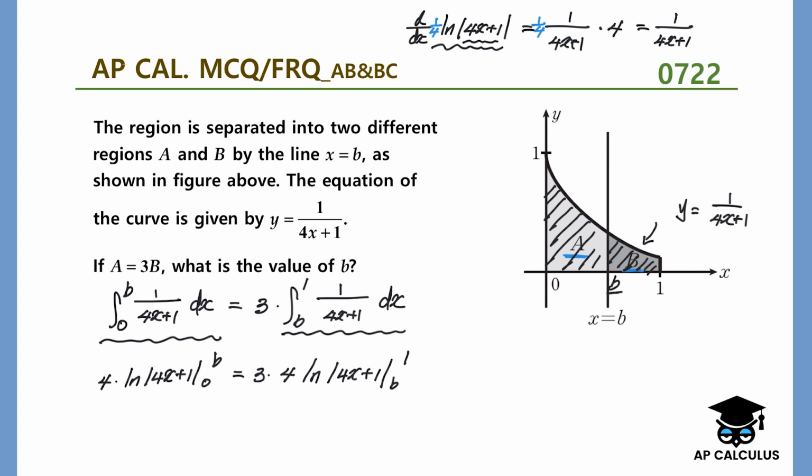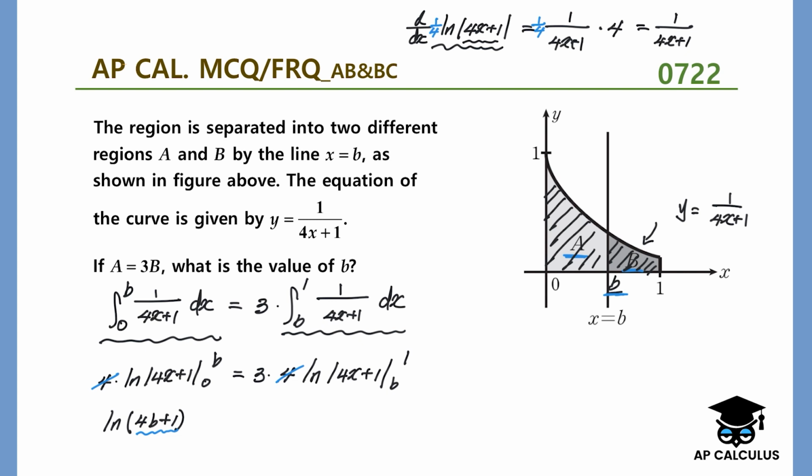So let's eliminate the 1 over 4. Okay, so that's going to be natural log of 4b plus 1. Since b is positive, this expression is positive, so we don't have to write absolute value anymore.